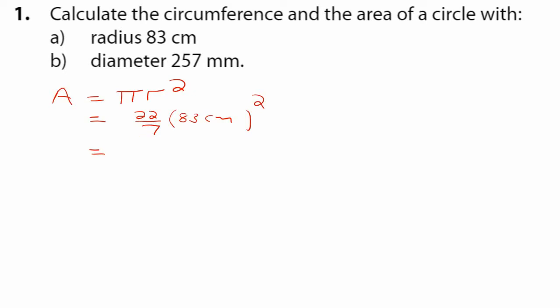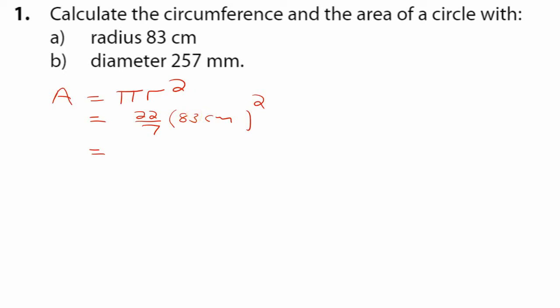So you can use your calculator. So 83 times 83 is 6,889, and that you still have to multiply by the 22 and divide by 7.